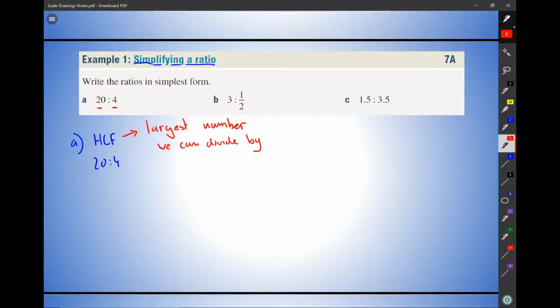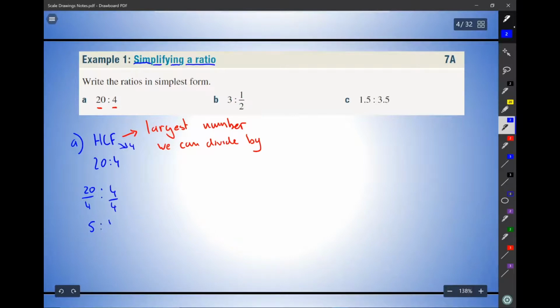That's an important part. So in this case, 20 and 4, what number can we divide 20 by and divide 4 by and still get a whole number answer? The highest common factor here is actually 4. So we're going to take 20 and divide it by 4, and we're going to take 4 and divide it by 4. And we'll end up with 5 to 1.